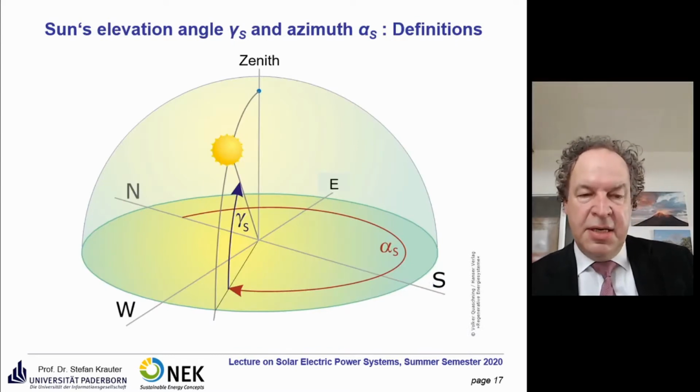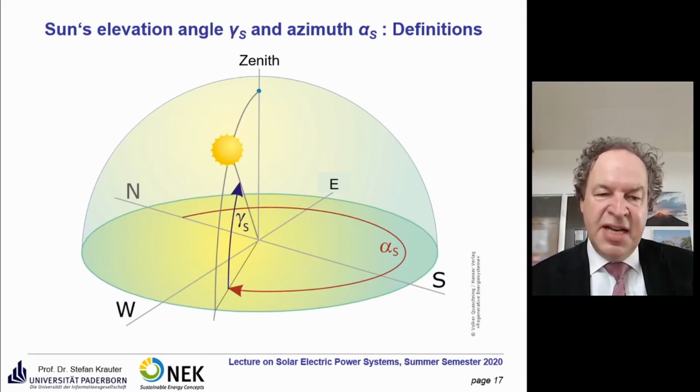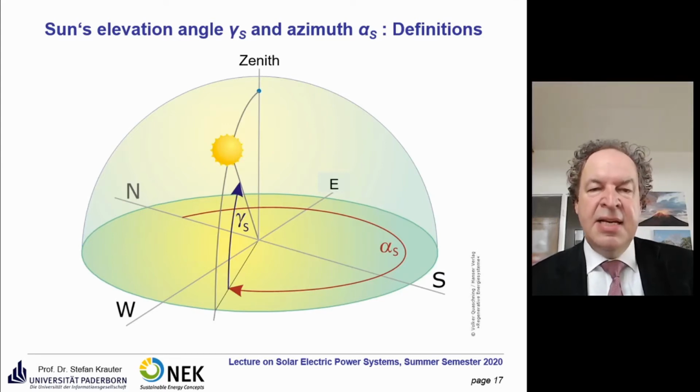So that's the perspective from ground level. We see the sun at a certain height or elevation angle. According to the DIN standard, some people also give the zenith angle, but we use the DIN standard. This is gamma S, the elevation angle of the sun, indicated by the index S. And then we also have the so-called azimuth angle.